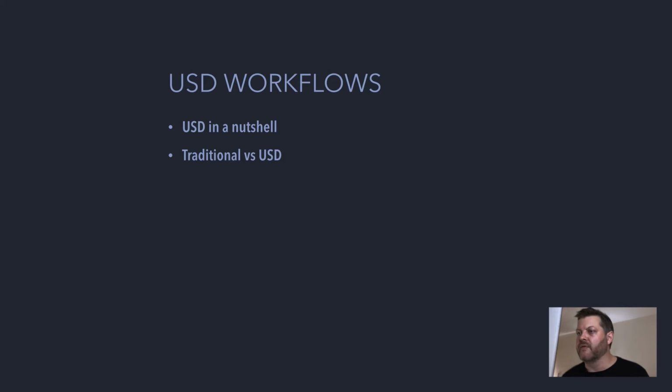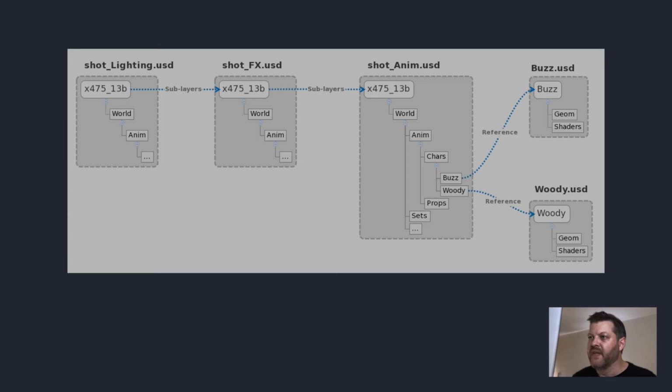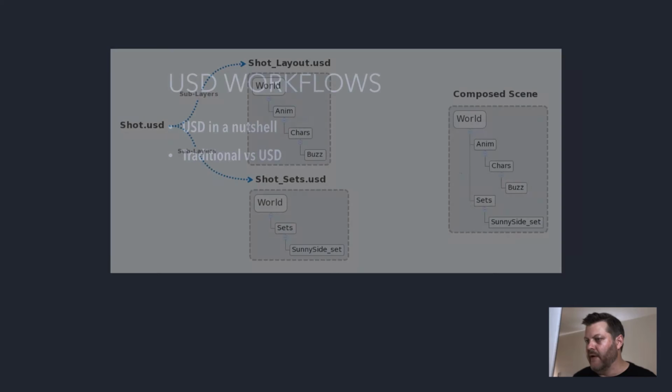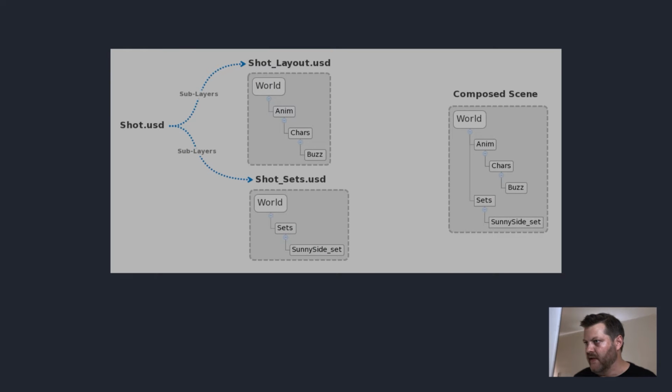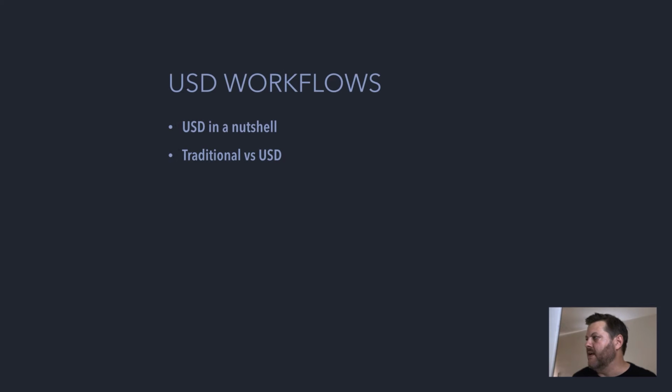Most of you have probably seen some sketches like this, trying to explain different USD workflows and where everything goes and how they tie together. At least to me, I couldn't really make sense of it in a real-world scenario. So I'm going to try and describe it to you by comparing it to a more traditional workflow.